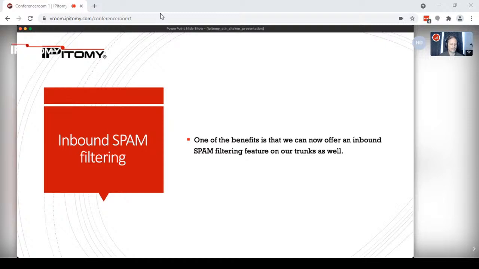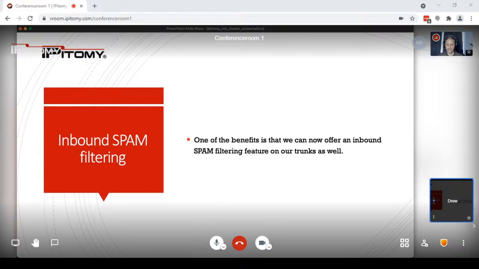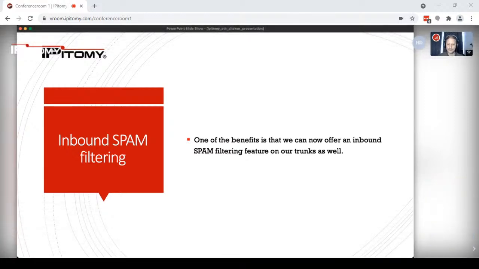That's an FCC requirement that we have. But a spam filtering service is an optional thing. I'll have to look at how that works, but we can make that available in the near future. Basically, if there's a number coming in with a bad reputation, we can spam filter it.